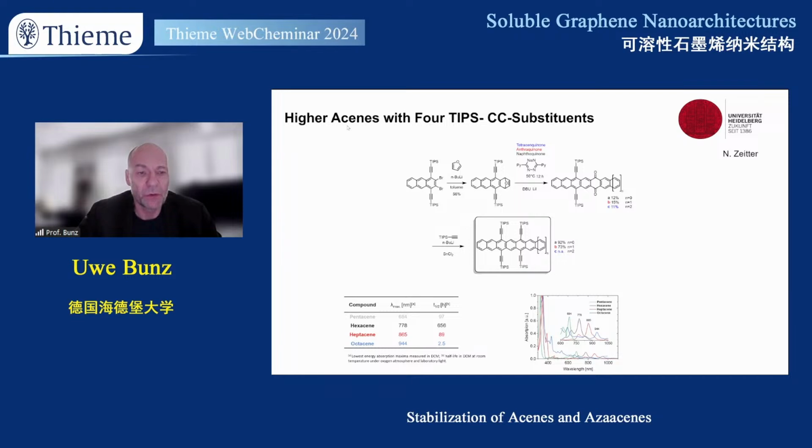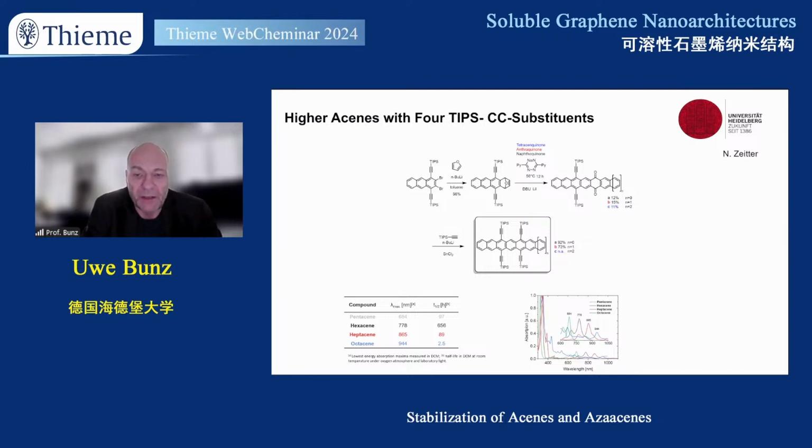The first thing I want to show you is our foray into higher acenes with 4 TIPS ethynyl groups. So here we basically take dibromoanthracene, make the arine and react it with furan.